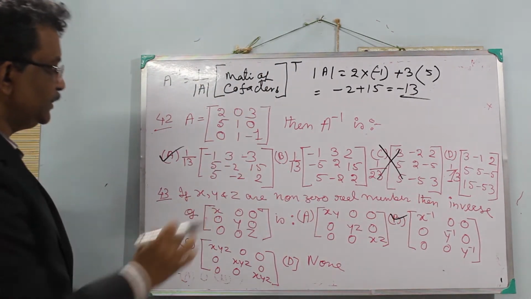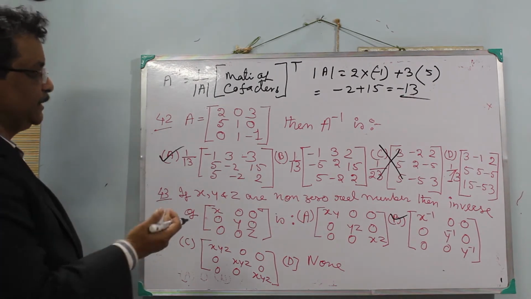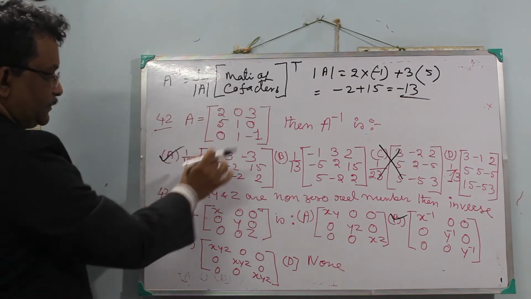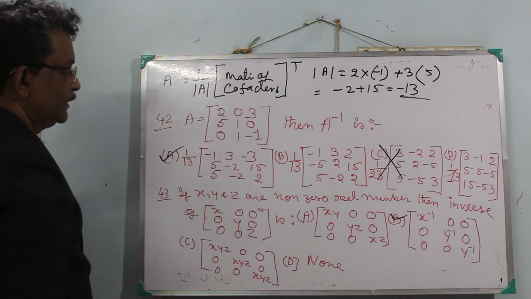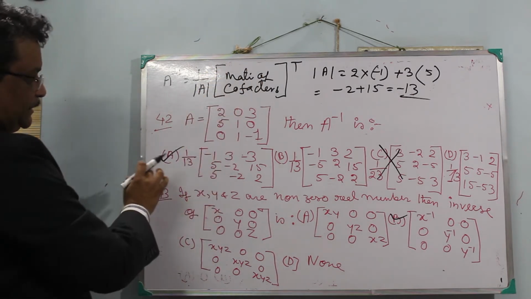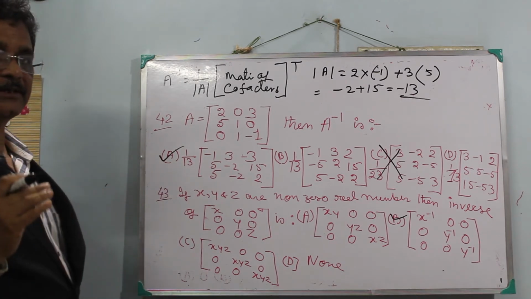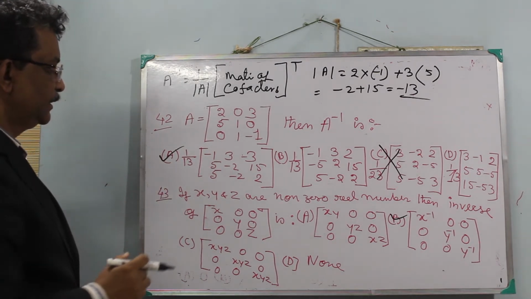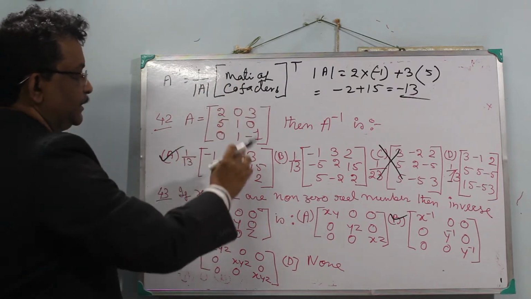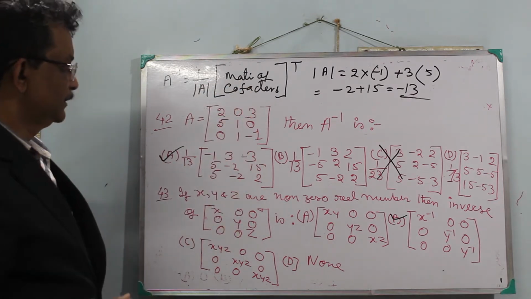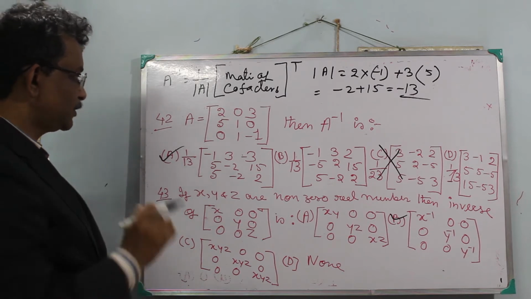So out of 3, you may easily calculate the cofactors of each element, giving sign plus, minus, plus, and you will find the correct answer, this one. But I will apply a shortcut method. You may calculate in detail the cofactors of each element, then transpose it, but I will apply the shortcut method.